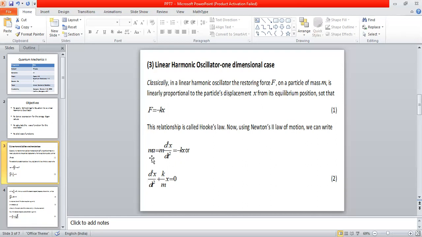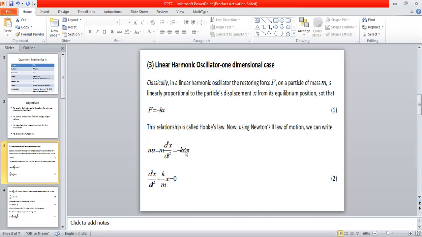So force is given by m into a, that is also equal to m d²x/dt². And we can write that as equal to -kx, as the applied force is equal and opposite to the restoring force. So as per Newton's law, we get the relation m d²x/dt² = -kx.